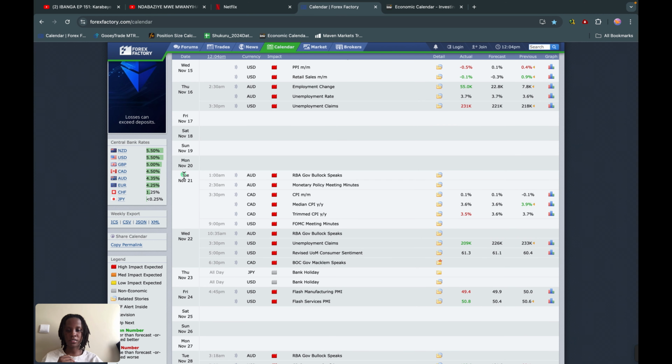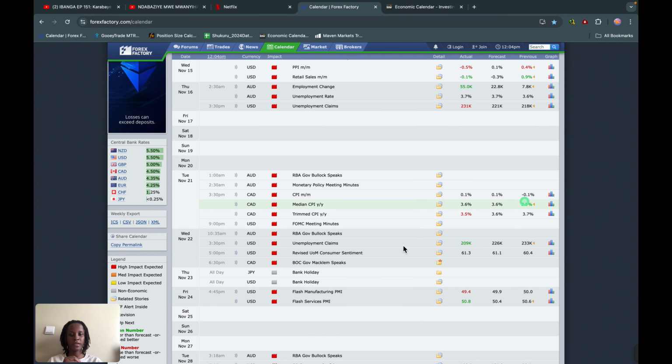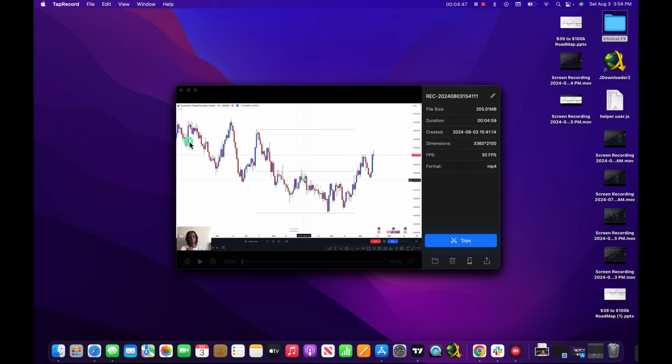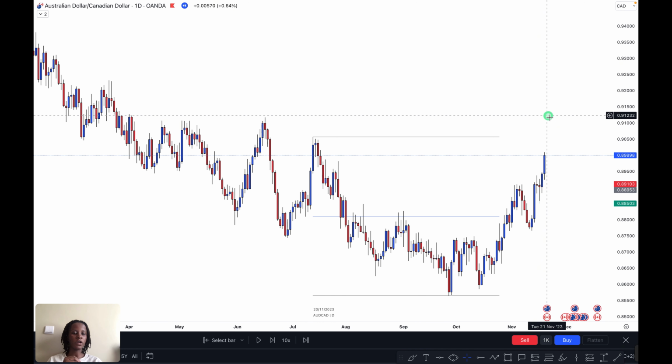But Tuesday, 21st is not a good trading day because we have CAD CPI. So after seeing that, the only trading day that we have after Friday 17th November is Monday 20th November.